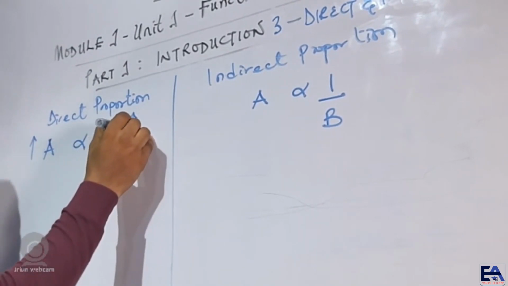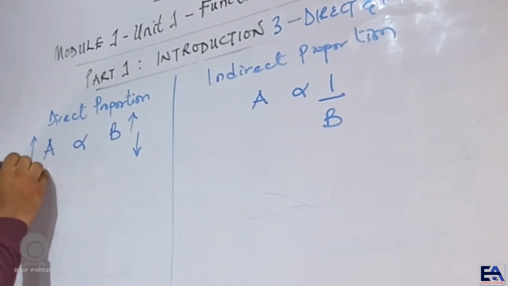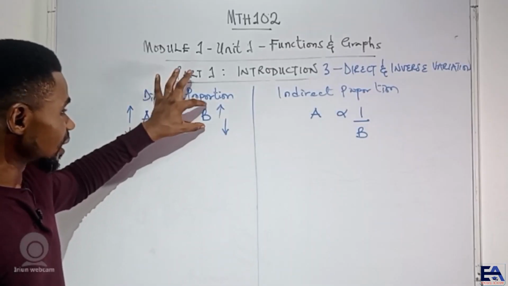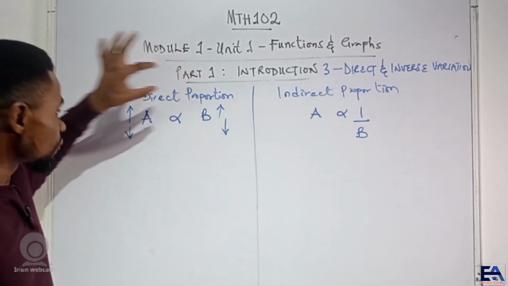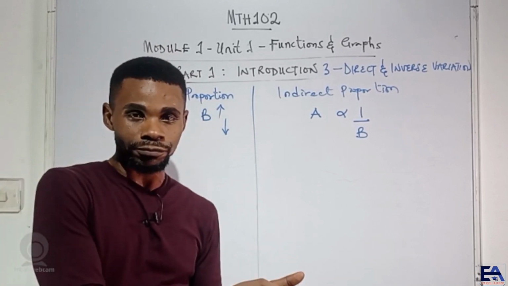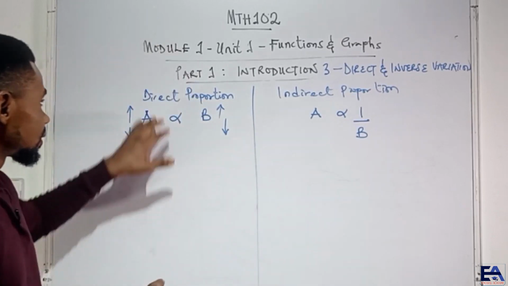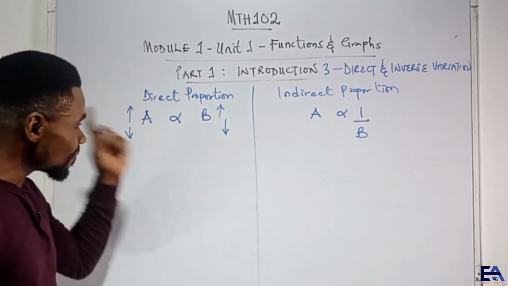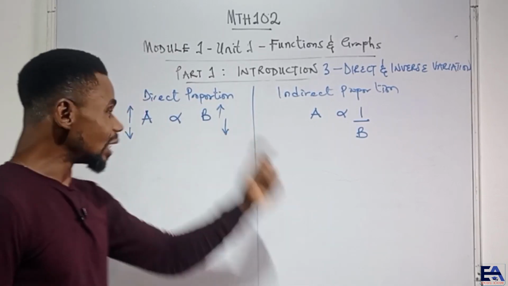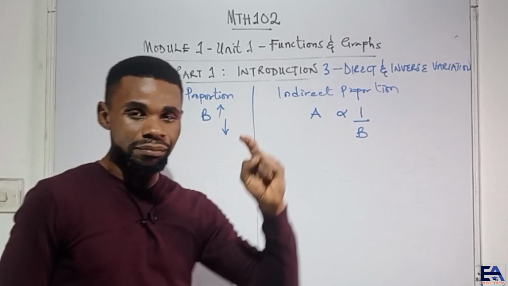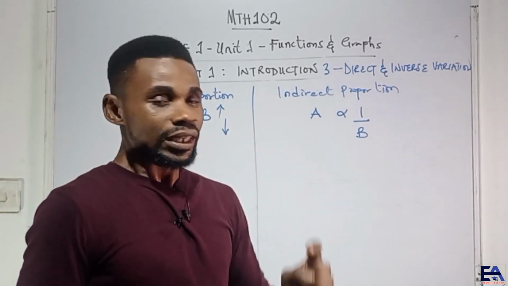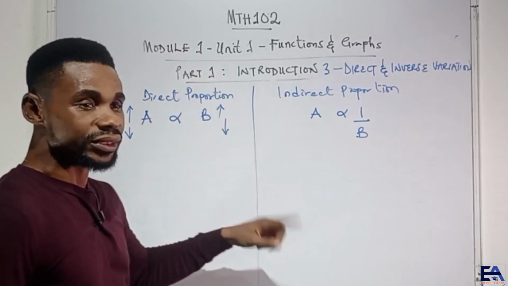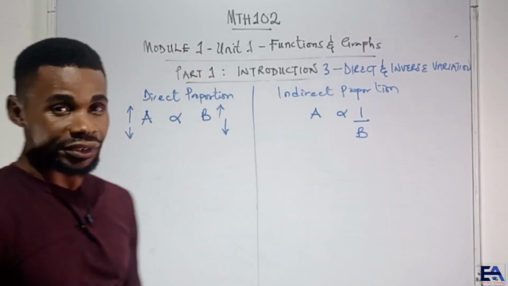If B decreases, A will also decrease, which simply means that anything that affects B affects A in that same proportion. That is the reason why we call it the direct proportion. If B increases, A will also increase. If B decreases, A will also decrease.